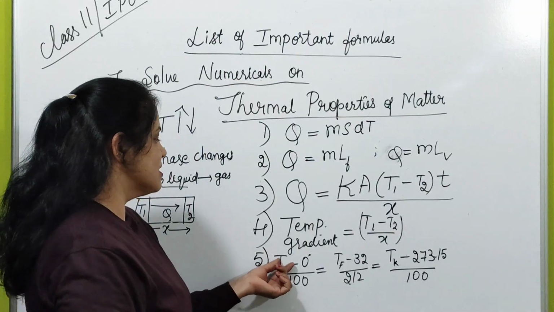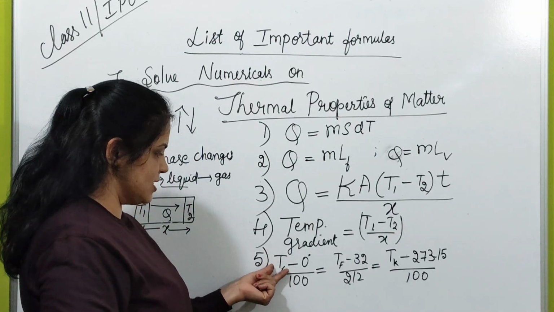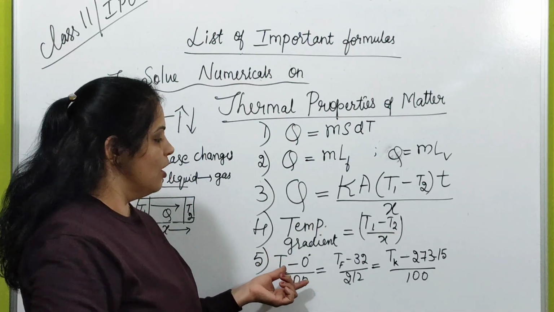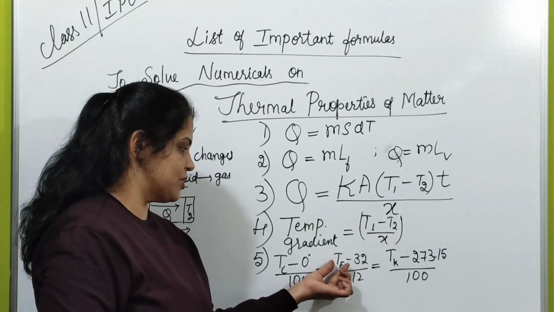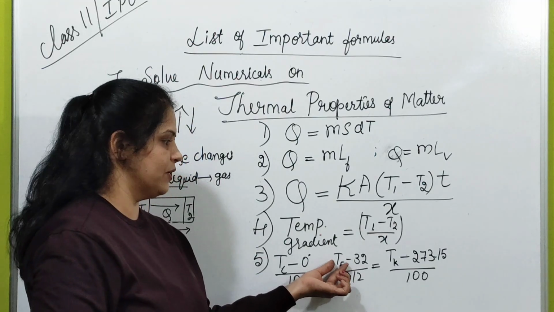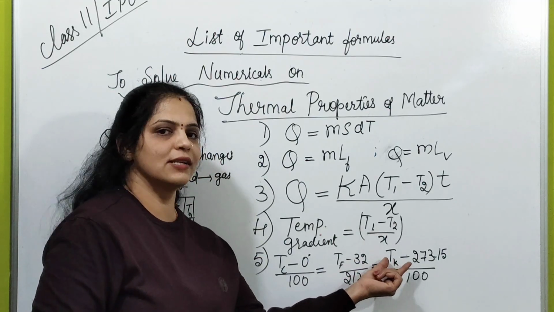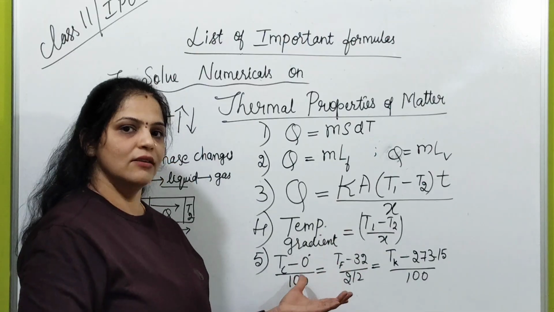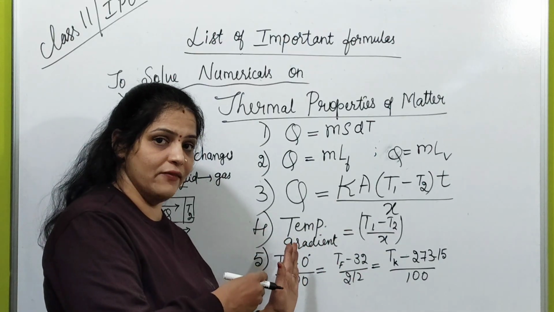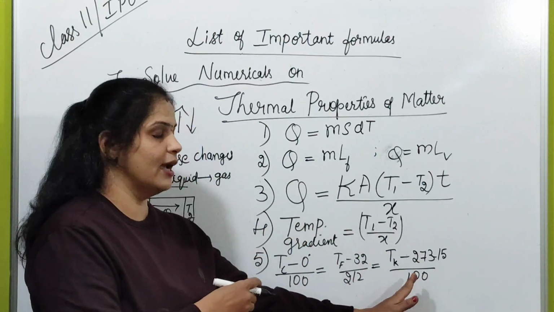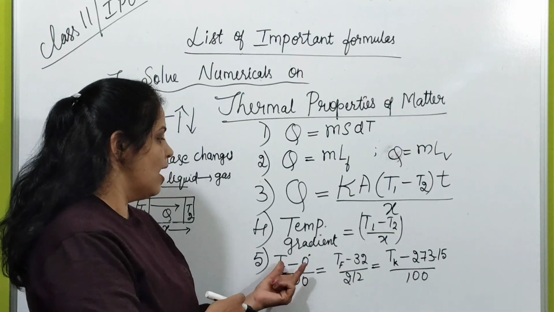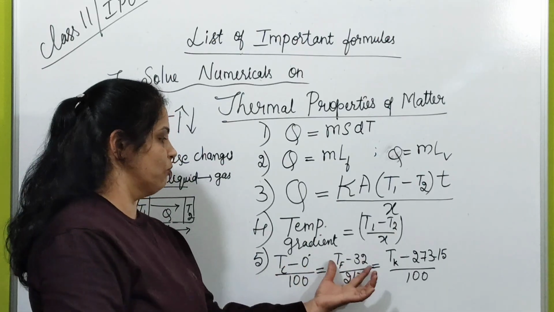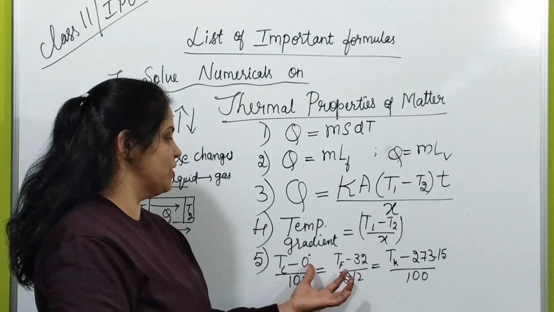Here Tc means temperature in Celsius scale, which you need to find, or temperature in Fahrenheit scale, which is unknown, or temperature in Kelvin scale is unknown. The temperature in one scale is given, and to convert into another scale, you equate any two.